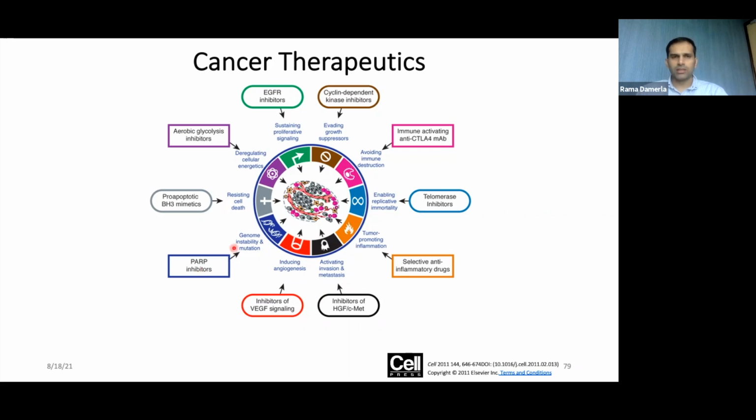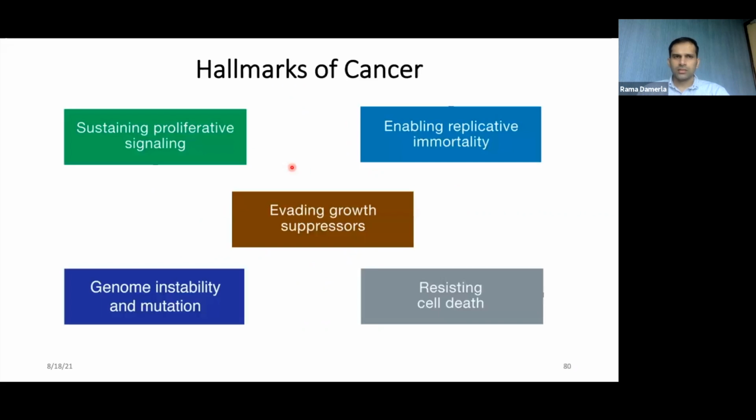They are PARP inhibitors that actually increase genomic instability by a lot so that the cell can actually die. And then there are also other kinds of inhibitors and monoclonal antibodies that serve as drugs targeting different pathways. We'll look into some of these hallmarks in more detail.